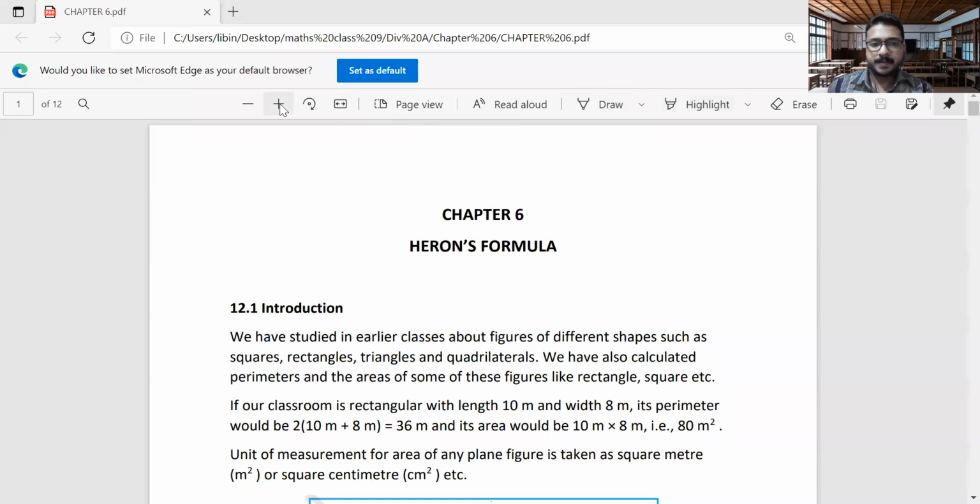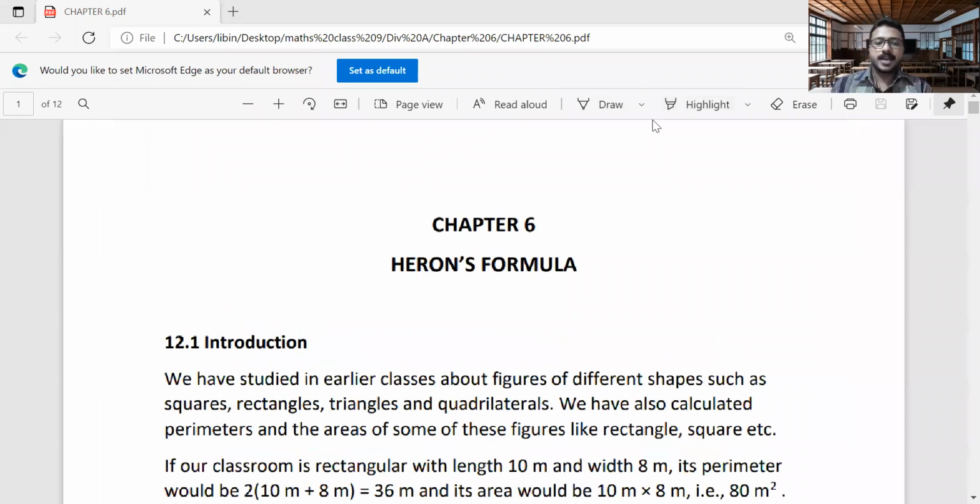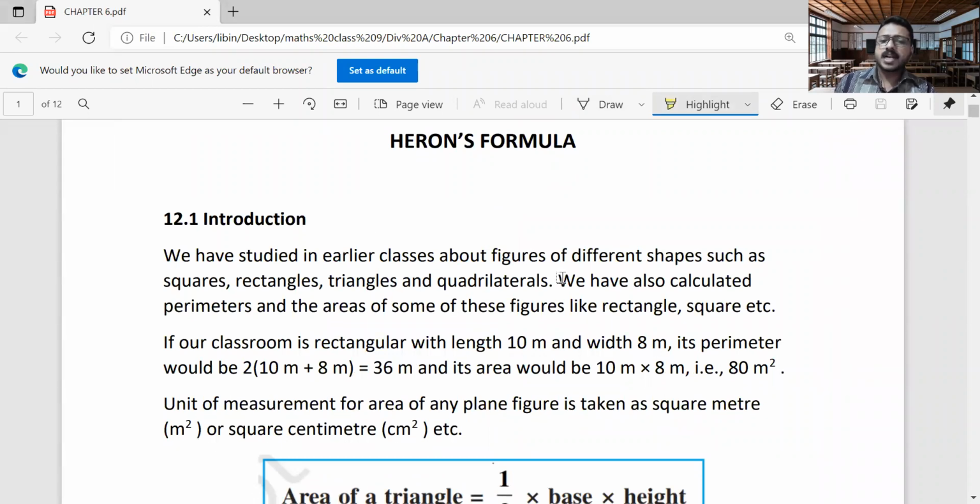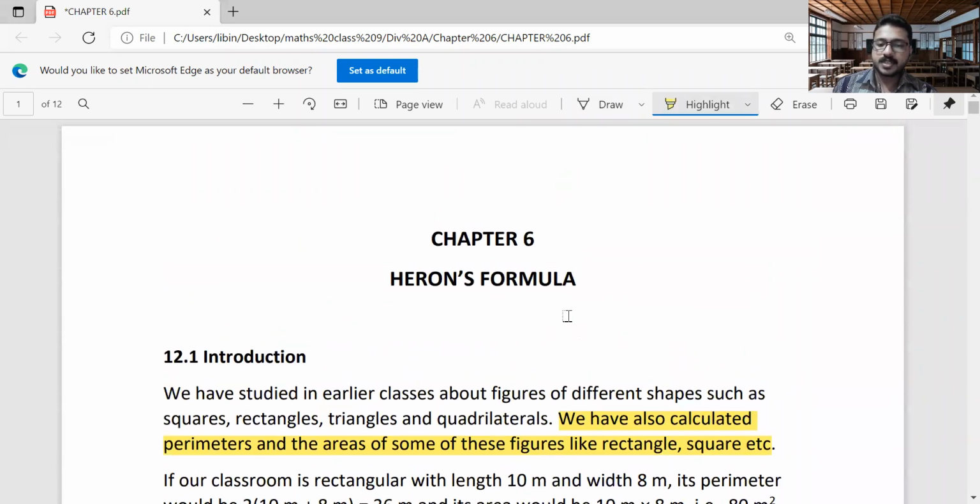As you can see, we have reached chapter 6, Heron's formula, and we have calculated perimeters and areas of some figures like rectangle and square. Suppose our classroom is rectangular with length 10 meter and width 8 meter. What is the equation for the perimeter of a rectangle with length L and breadth B?